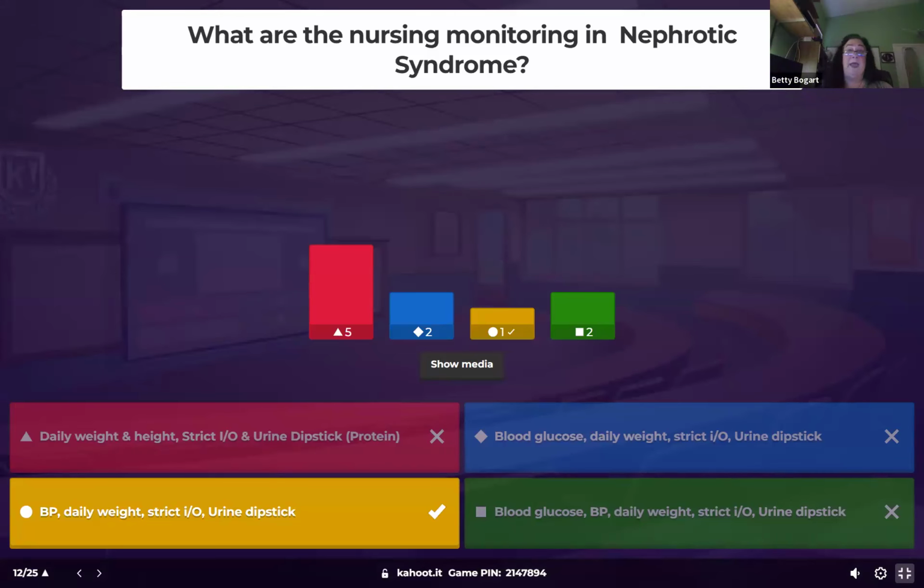We're going to do daily weights. Are you losing weight or gaining weight? Again, intake and output, making sure that urine is coming out. And we're going to be monitoring that urine, dipstick, the protein, etc., specific gravities and whatnot. Blood glucose has nothing to do with nephrotic syndrome, okay? I see some of you check that.